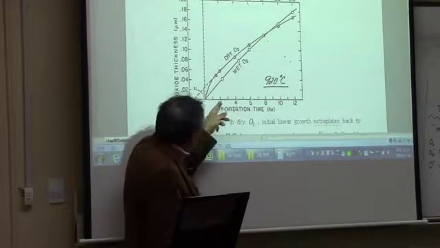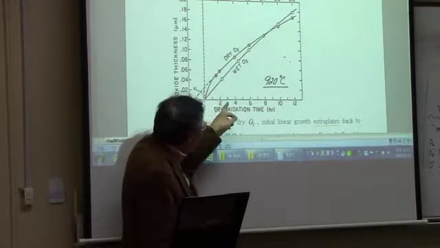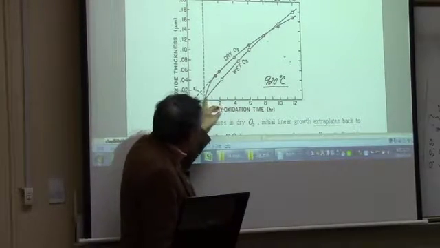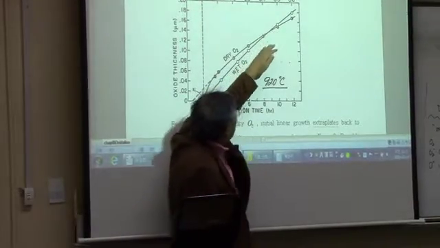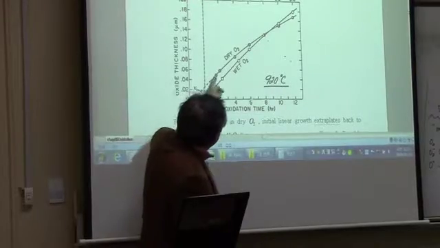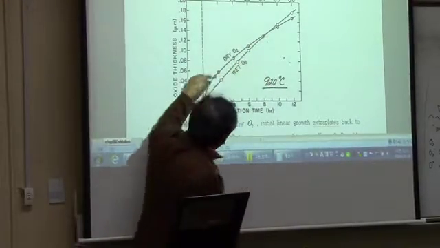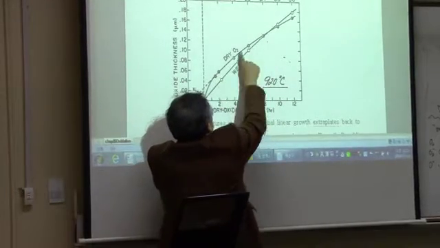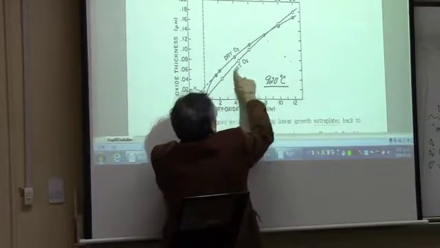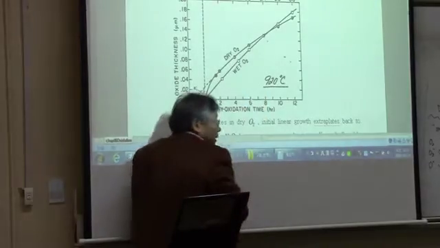But in this figure, at the very early stage, from here to here, wet oxidation grows in this fashion, but the dry oxidation goes this way. So from here to here, you can see the dry oxidation rate is higher than the wet oxidation rate.